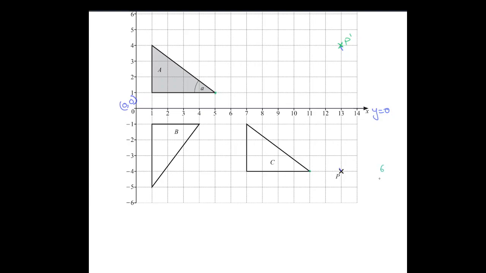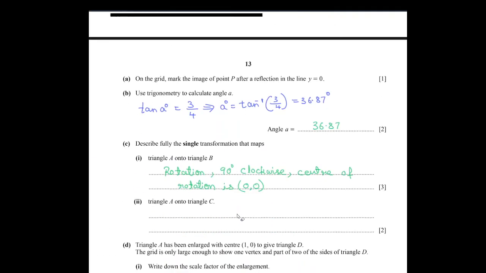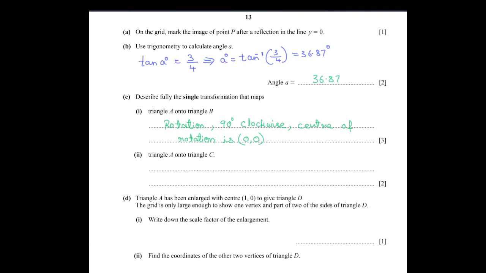So 6, minus 5. This is the vector. So it is a translation by vector 6, minus 5.